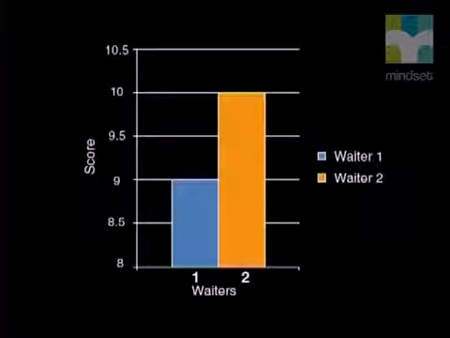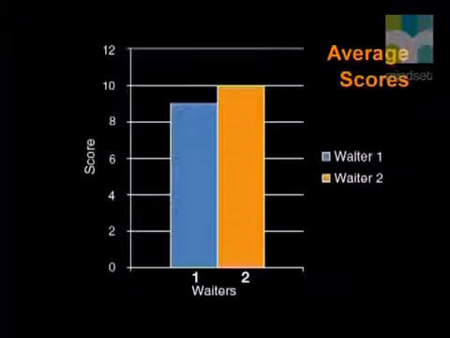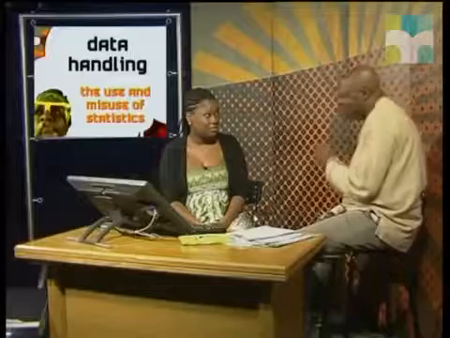The graph's y-axis has been contracted in a way that makes one waiter's mean score look twice as large as the other waiter's. If you look at this graph now, with the y-axis correctly drawn, you can see that the mean scores of the two waiters are very similar. Wow, I never realized what a difference scales and axes could make to the way we read graphs.